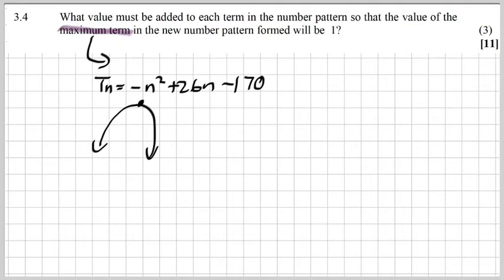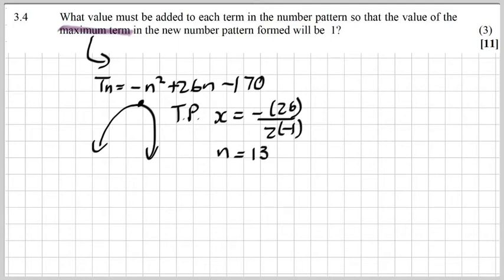So what is the question behind the question? The question behind the question is actually, what is the maximum of the parabola? What is the turning point of the parabola? If I look at the turning point of the parabola, well, that is going to be x equal to negative b over 2a.